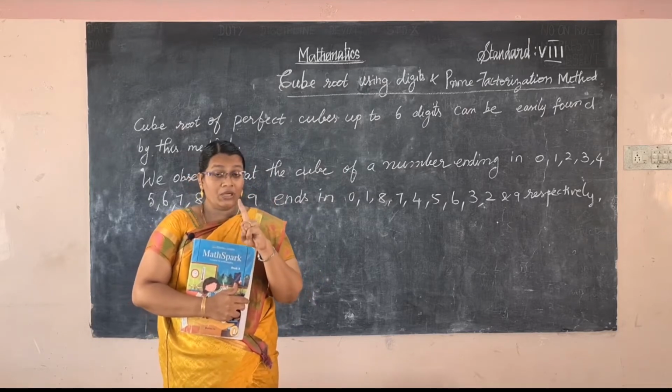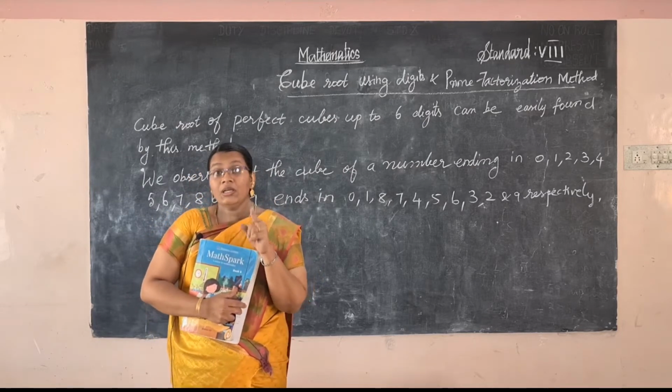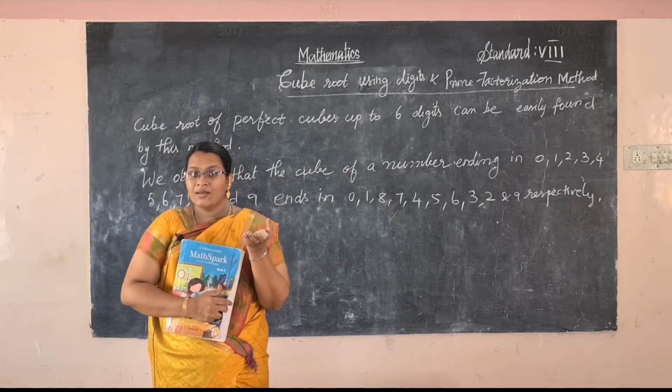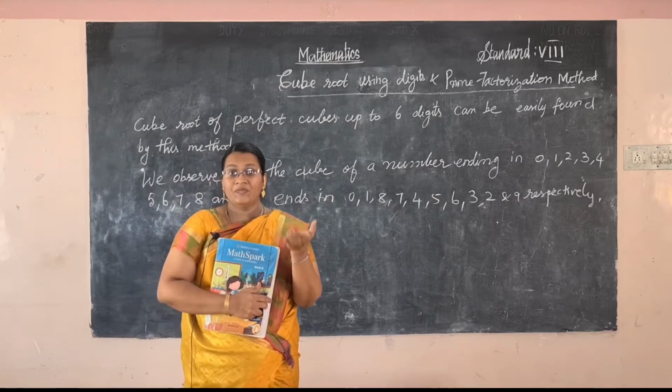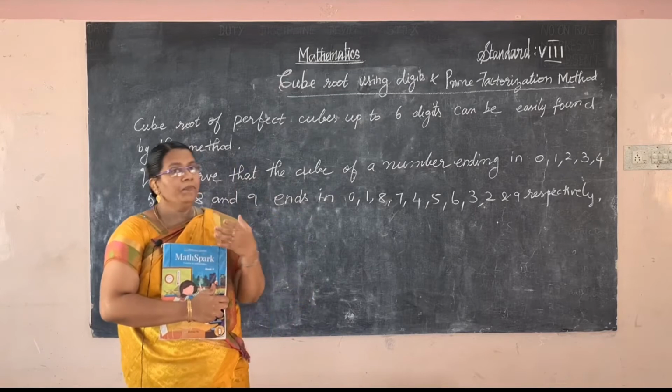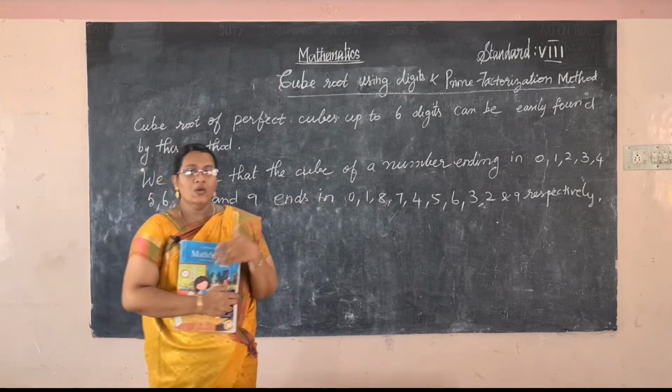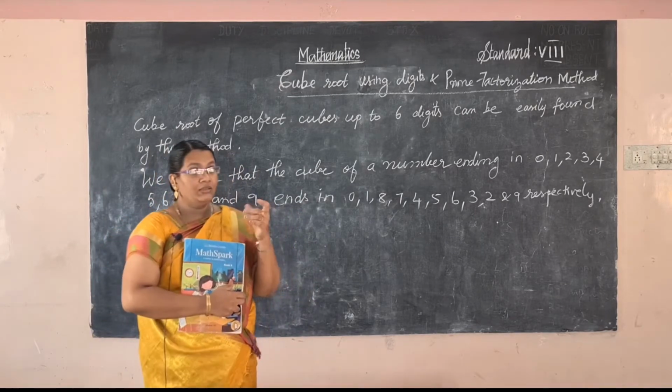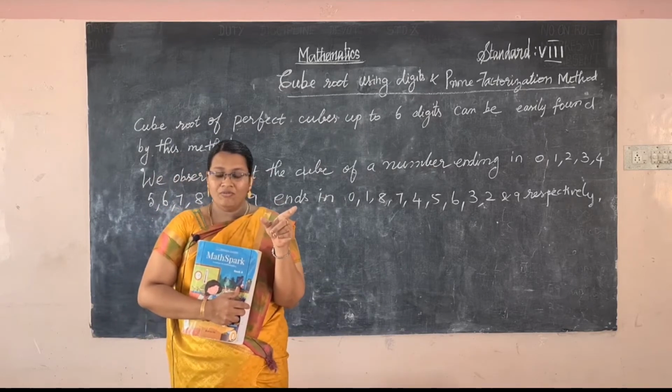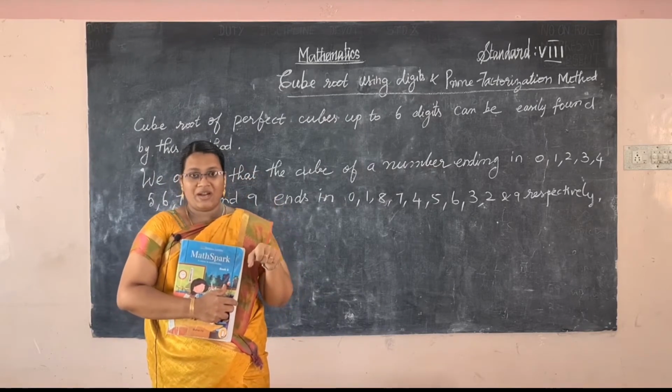And one more important method for finding the cube root. What is that? Do you remember? That is successive subtraction. What we learned was the new formula for making the subtraction sequence.